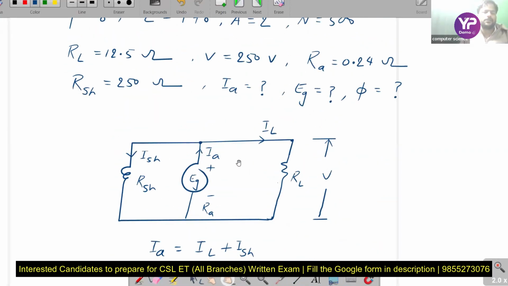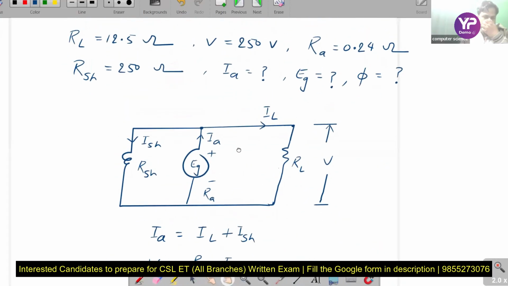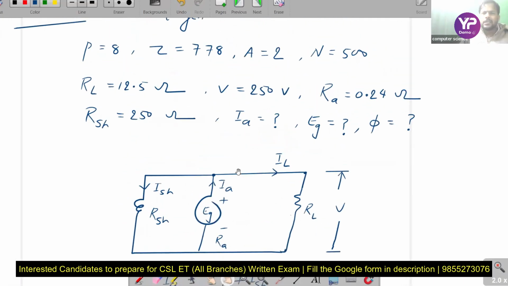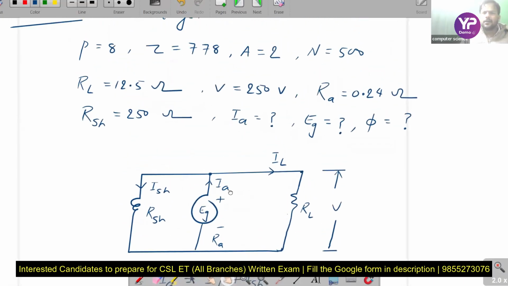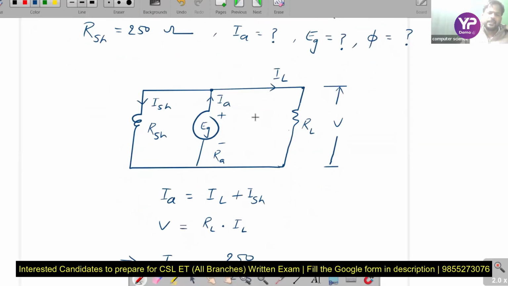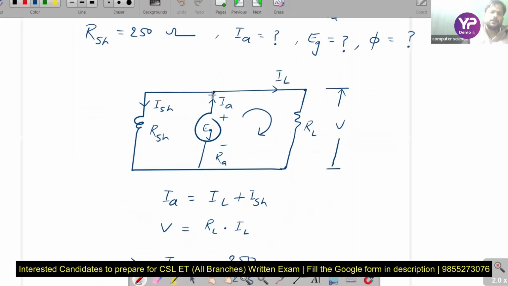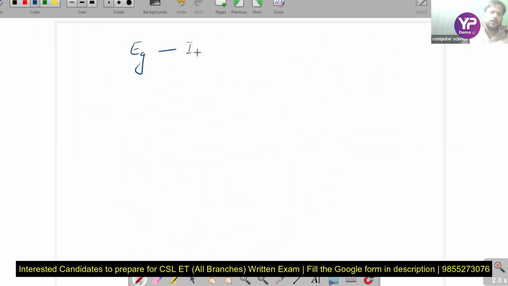Now we need to find the EG. To find EG, apply KVL in this loop. If we apply KVL in this loop, we write the equation EG minus IARA minus the voltage across the load.